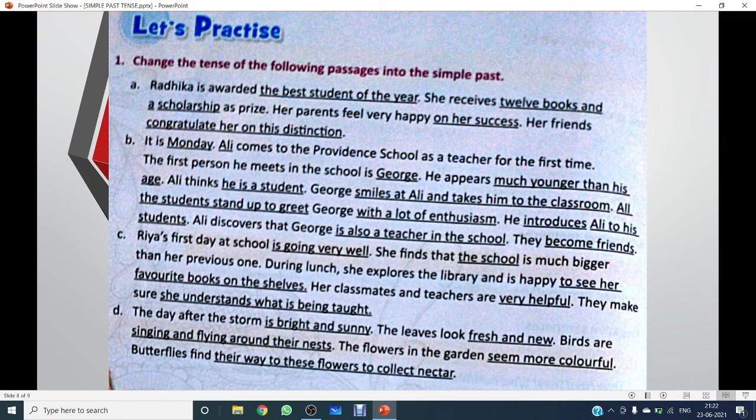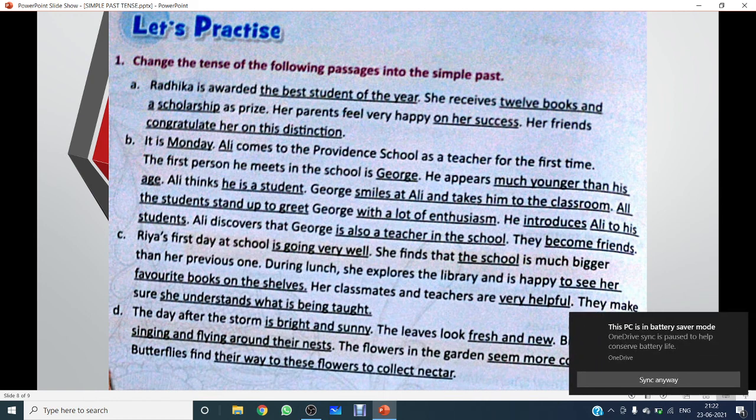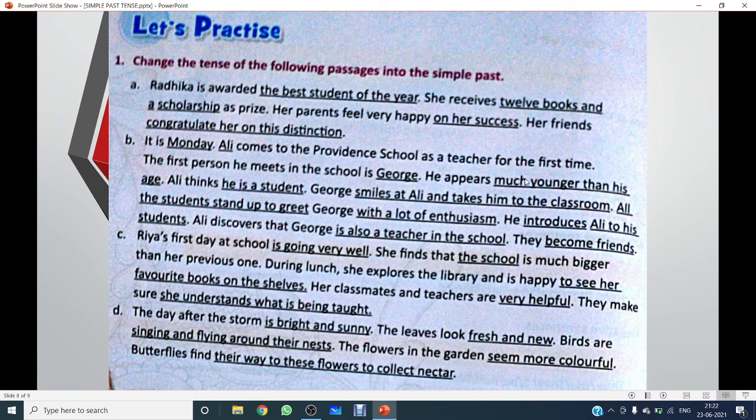So birds were singing and flying around their nests. The flowers in the garden seem more colorful. So the flowers in the garden seemed more colorful. Butterflies find their way to these flowers to collect nectar. So butterflies found their way to these flowers to collect nectar.